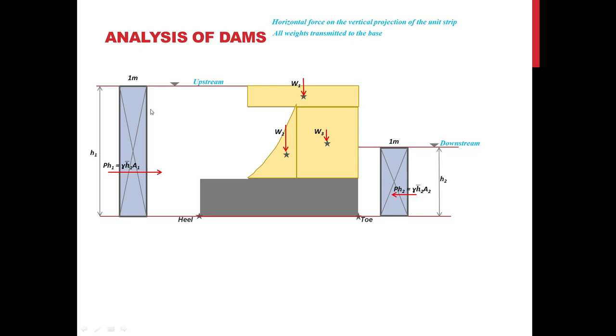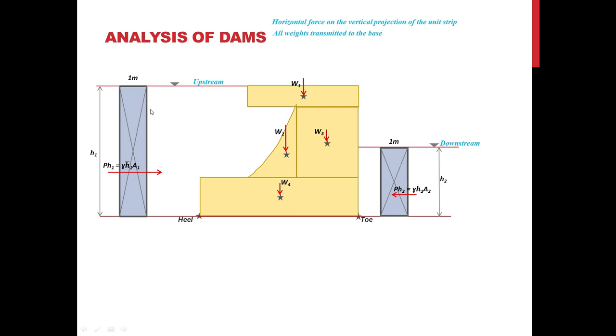Now to complete the weight of the dam structure, we have the base of the dam in rectangular form. So this rectangular form likewise has its center of gravity. So from that, it has its corresponding weight, say W4. So aside from the weight of the dam, we also have the weight of the liquid that is being transmitted at the base of the dam.